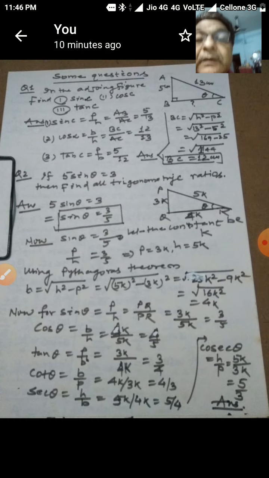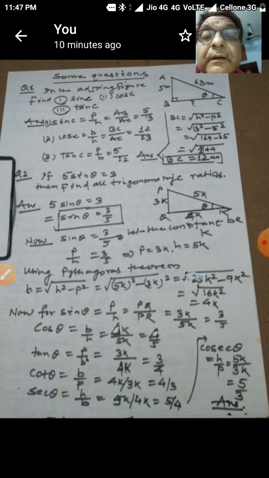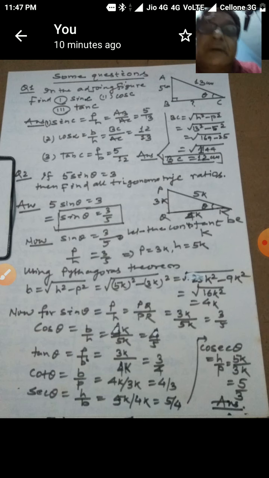Let us see some questions. First is, in the adjoining figure of right triangle ABC, two sides are given: AB equal to 5 centimeter and AC equal to 13 centimeter. We have to find out sine theta.